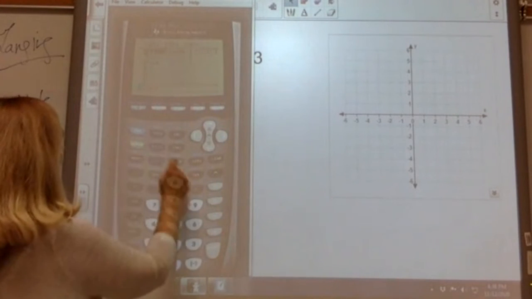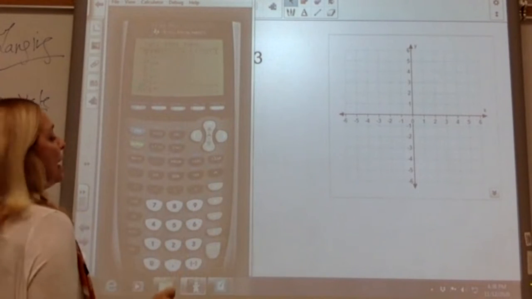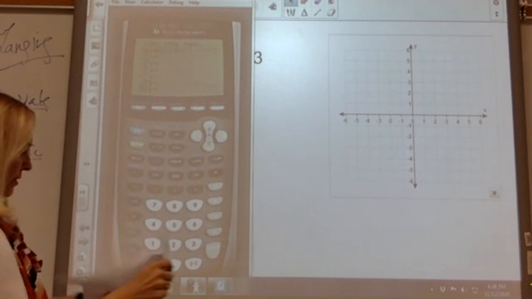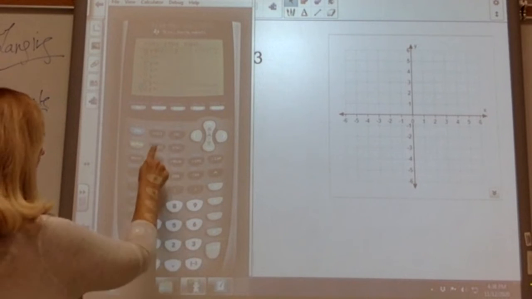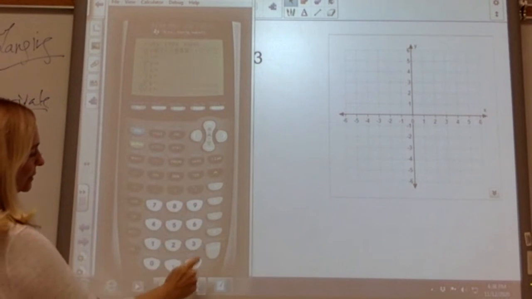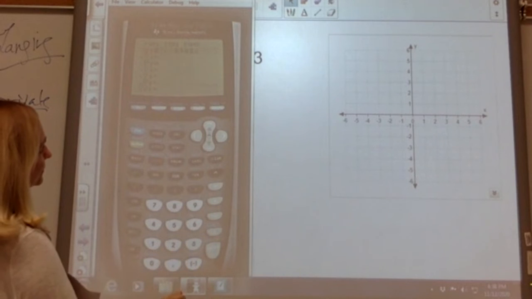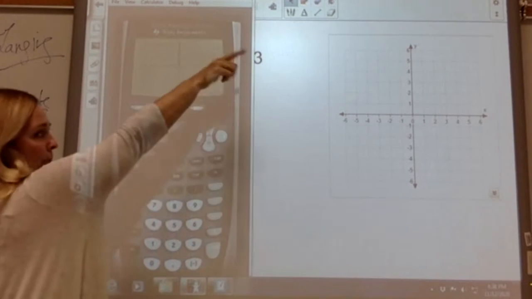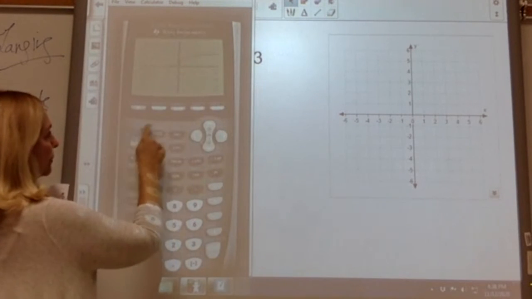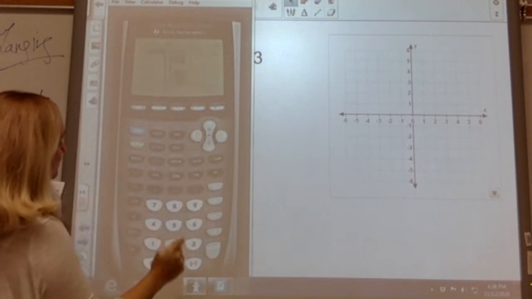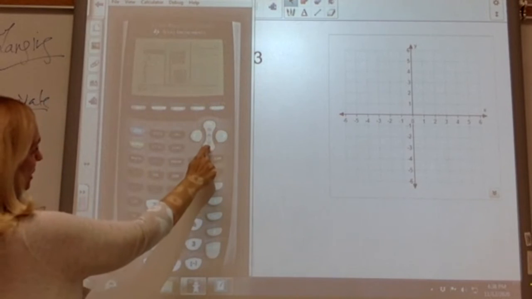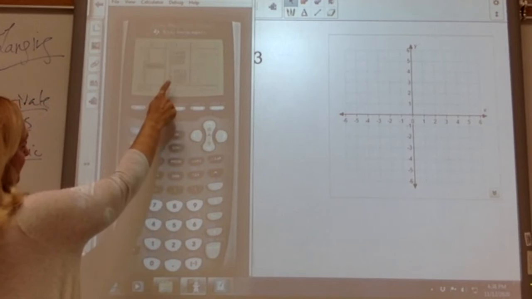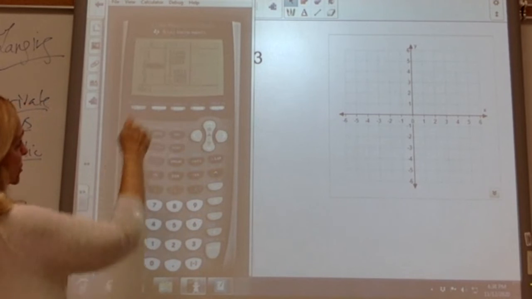So I go to y equals, clear this out, and I'm going to hit my LN button, natural log of X, and close my parentheses and put +3, right? When I hit graph, it's going up and over, and so I go to my XY chart, and I've got error messages all the way till I get down here to 1, and 1 is 3.